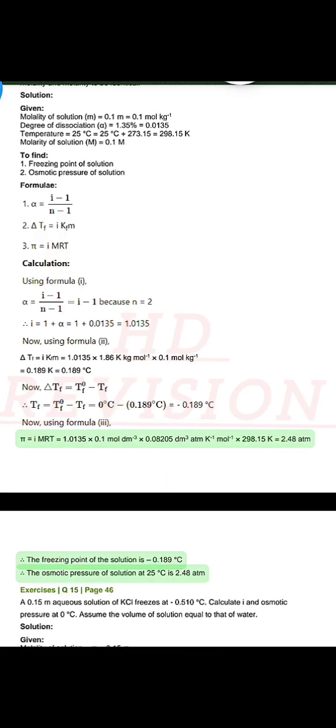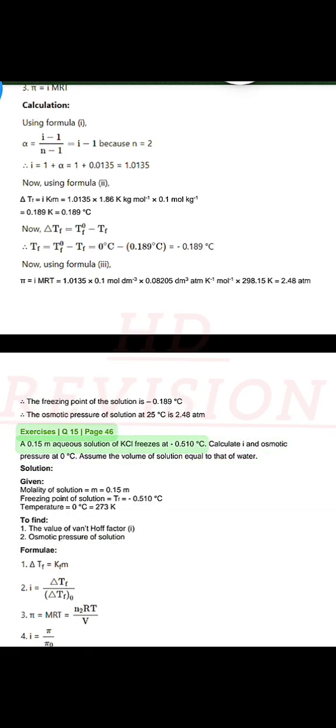Pi equals iMRT equals 1.0135 × 0.1 mol per dm3 × 0.082005 dm3 atmosphere per K per mol × 298.15 K equals 2.48 atmospheres. The freezing point of the solution is -0.189 degrees Celsius. The osmotic pressure of solution at 25 degrees Celsius is 2.48 atmospheres.